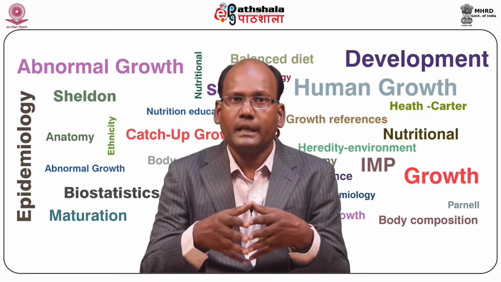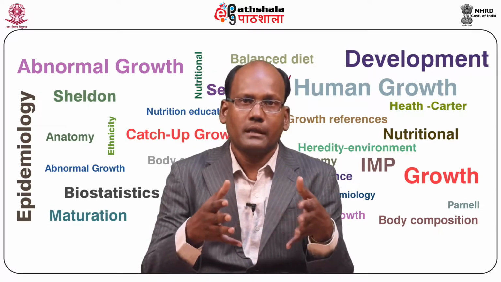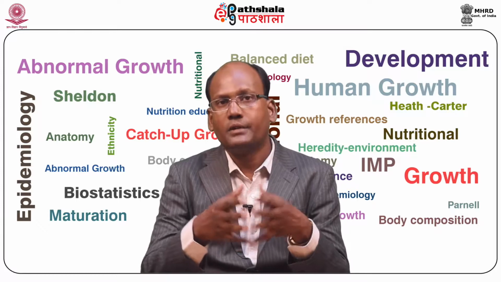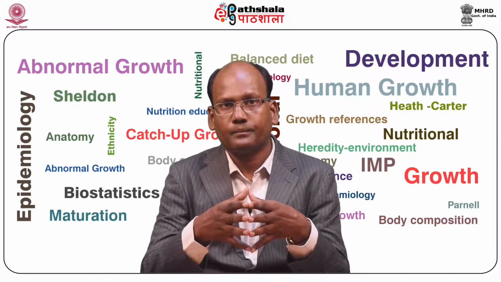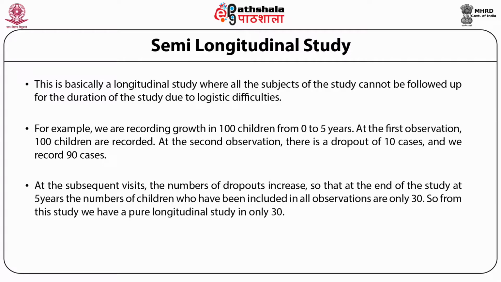In the past, it has been noticed that in most of the instances, researchers have treated their longitudinal data as recorded. At the second observation, there is a dropout of 10 cases and we record 90 cases. At the subsequent visits, the number of dropouts increase so that at the end of the study, at 5 years, the numbers of children who have been included in all observations are only 30.